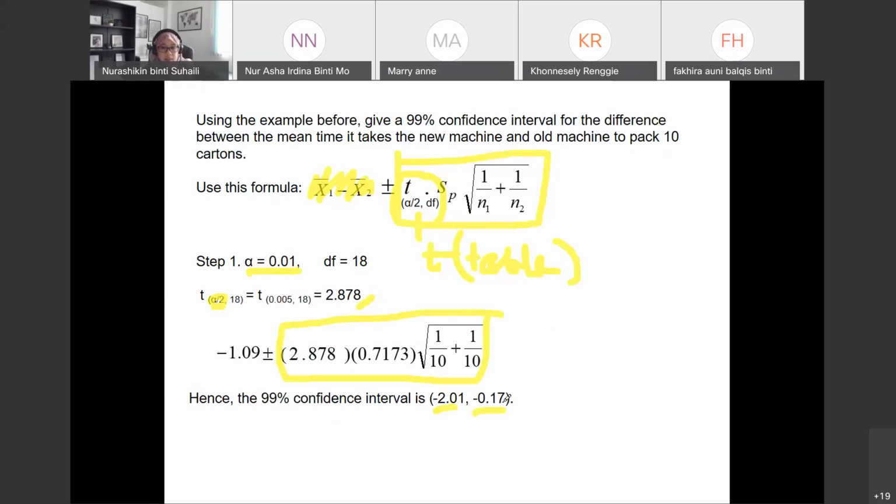Let me calculate this one. Hold on, I try to calculate this value.